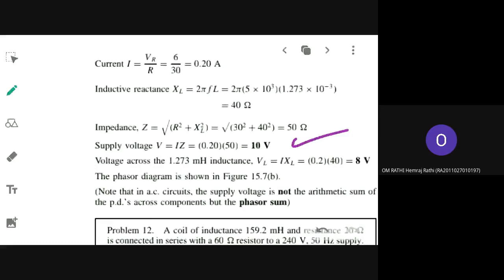All got this answer. Yes, ma'am, I also got the 10 volt answer, ma'am.